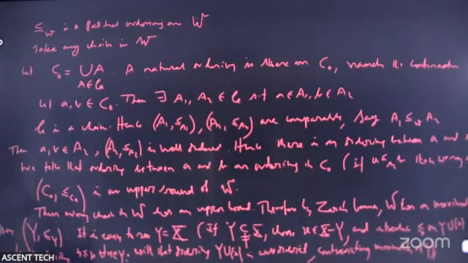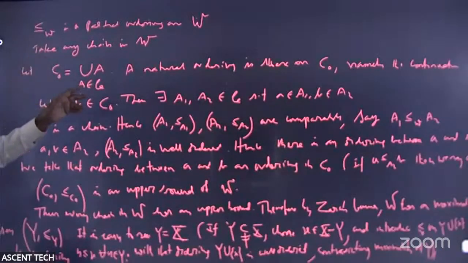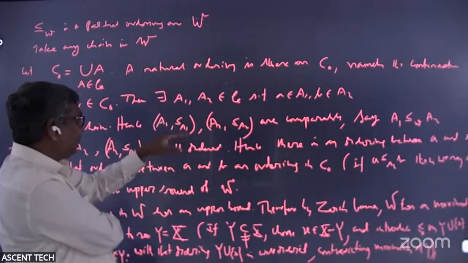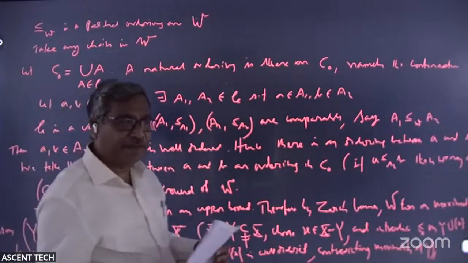While discussing this, I was a little worried. But each is a well-ordered set also. So I have a comparison, and because C is a chain, even if you take another A3, there is no ambiguity in the comparison, because A1, A2, A3 themselves have some kind of a relationship between them.